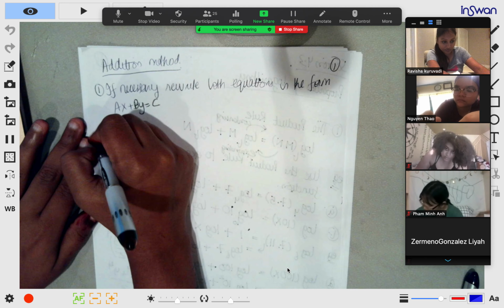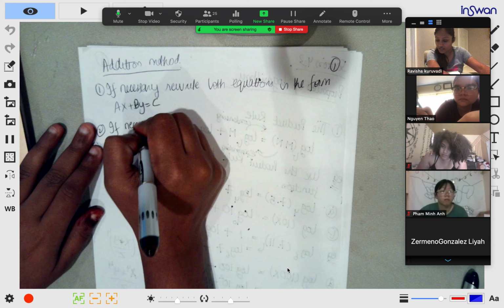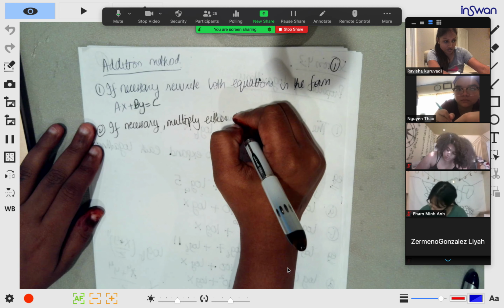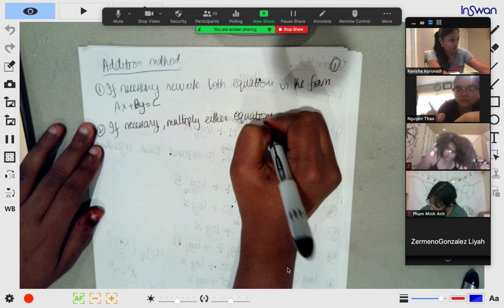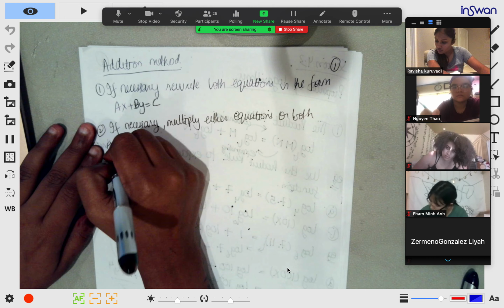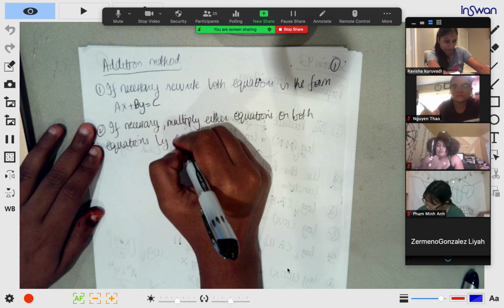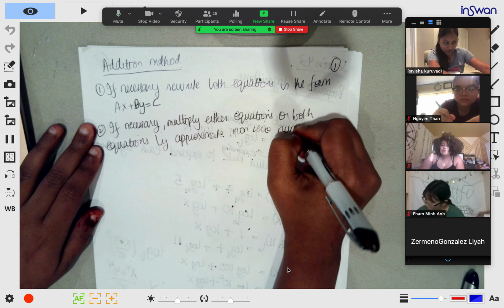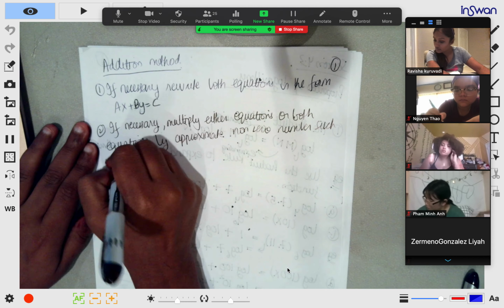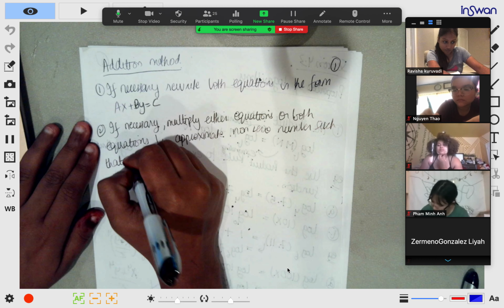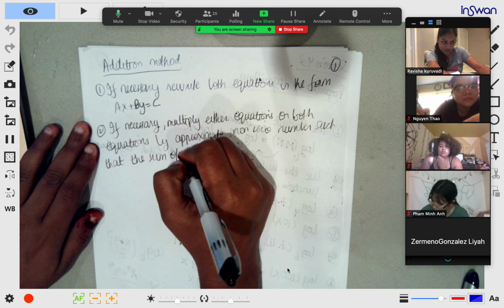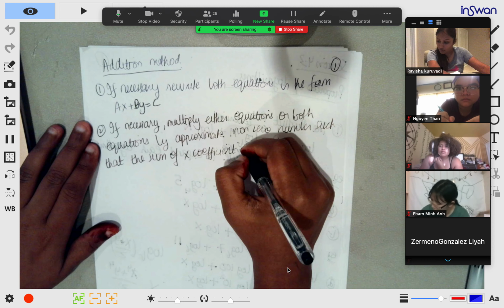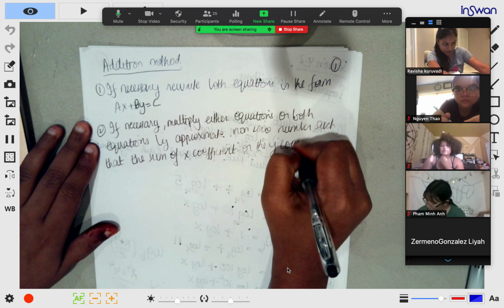Second step, if necessary, multiply either equation or both equations by an appropriate non-zero number such that the sum of the x coefficients or the y coefficients is 0.